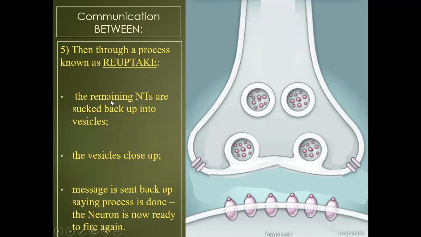Okay, so the neurotransmitters are sucked up into the vesicles, which close up. The message is then sent back, or a different kind of message. We're not even going to bother with that one today, saying the neuron is now ready to fire again. Once that signal is reached back at that axon hillock and at that voltage gate, then the neuron is ready to fire again. And this process is just going to continue on and on.